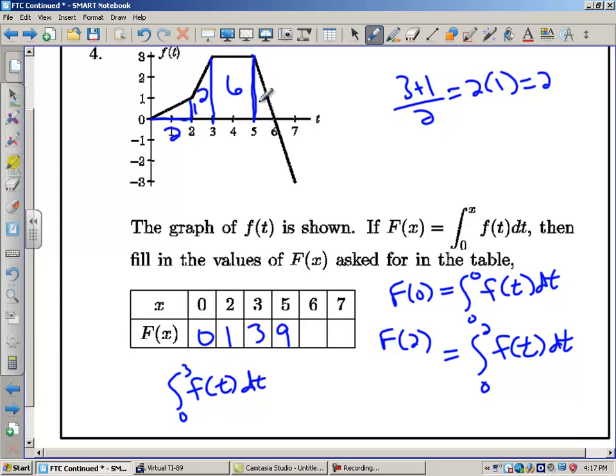So 3 times 1 is 3, divided by 2, this is 1.5. So we add 1.5 on. Now going from 0 to 7, this is actually going to be taking away some area because this is underneath the x-axis. This is a 3 by 1, but we need to think about that as a negative 3 by 1. So this is a negative 1.5 area, so we go back down to 9.